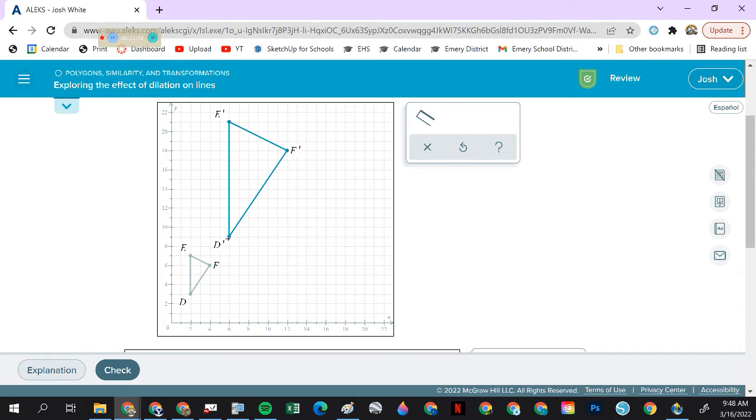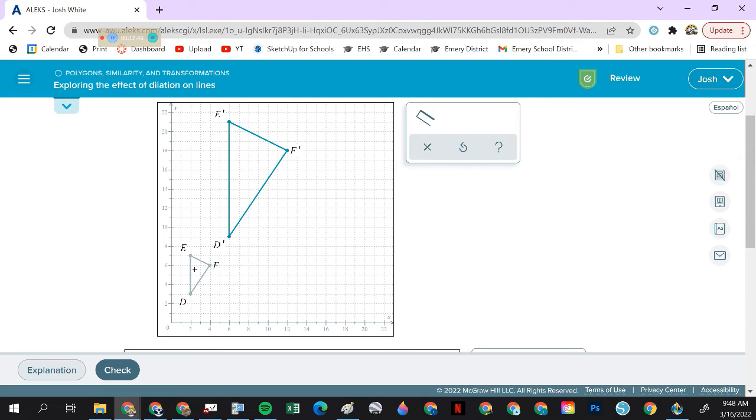So DF and D prime F prime are on the same line because that line hits the origin, the center of dilation. But EF will not hit the origin. E prime F prime is going to be parallel to EF.